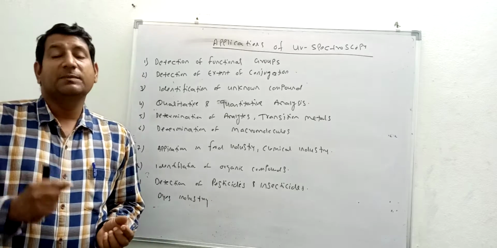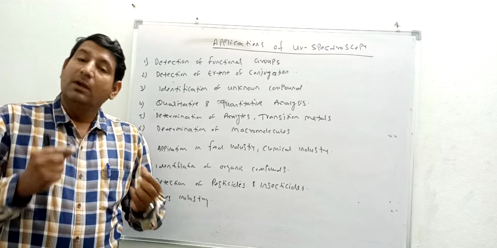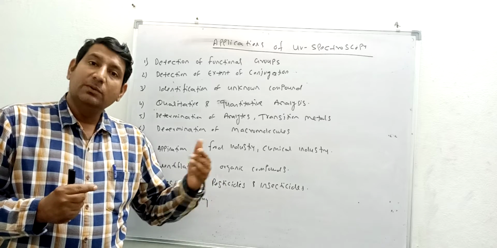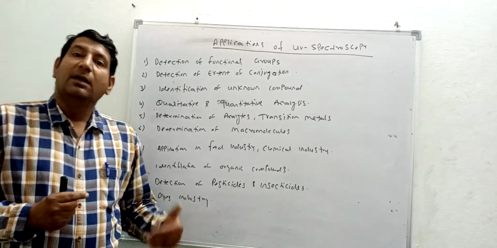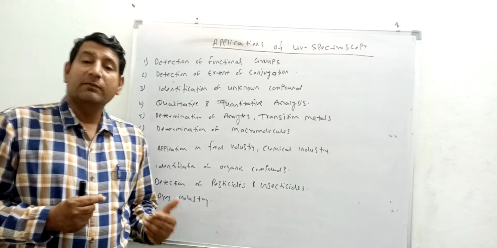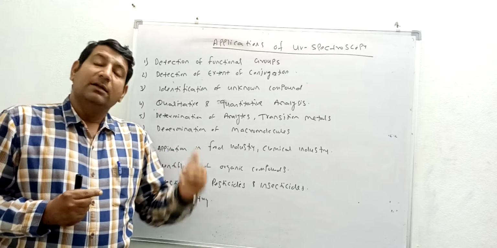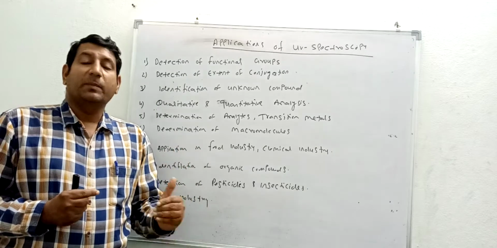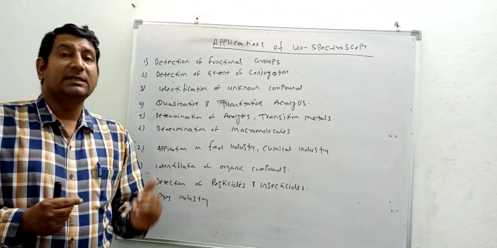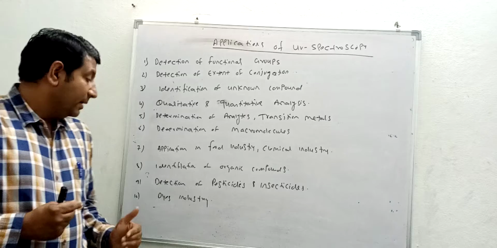For that, we dissolve the sample in a suitable solvent and take the UV spectra, and from the spectra we can identify the presence of insecticides or pesticides in the sample, and also which type they are.